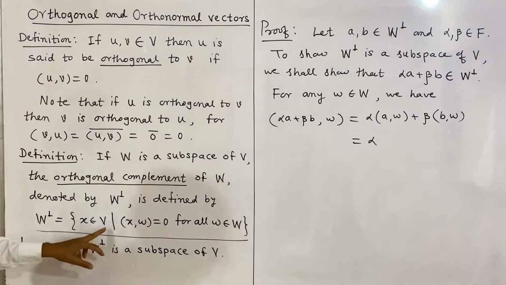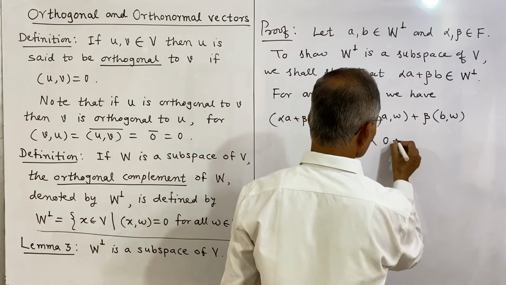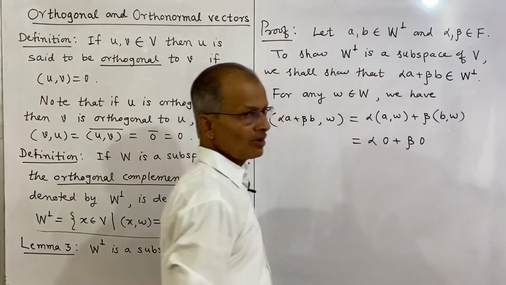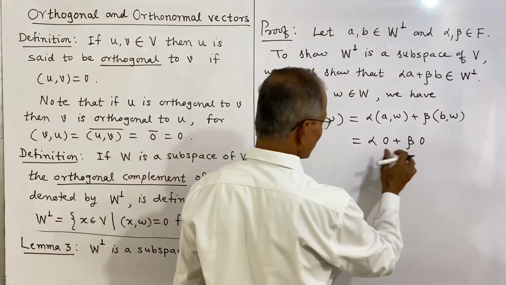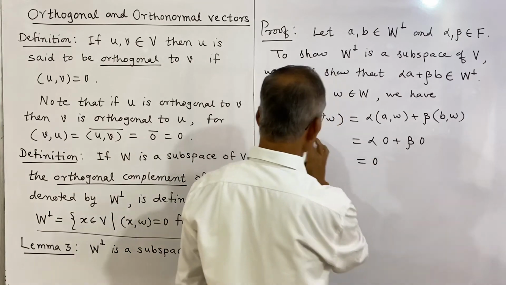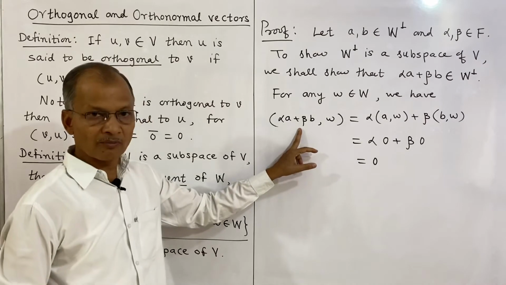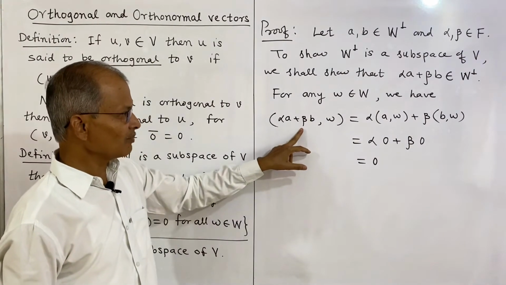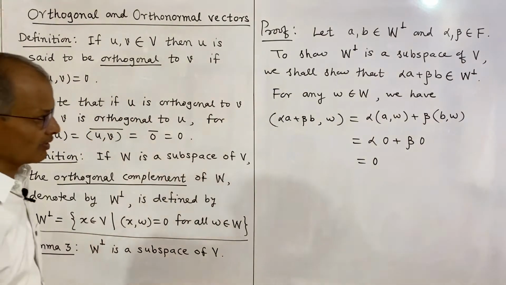So by definition this is alpha into 0 plus beta into 0, because B also belongs to the orthogonal complement of W, and this is 0 plus 0, which is 0. This shows that the inner product of this combination of A and B with w is 0, meaning alpha A plus beta B also belongs to the orthogonal complement of W.